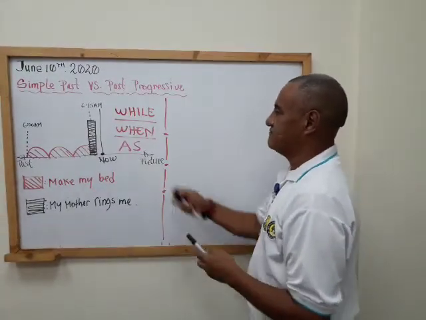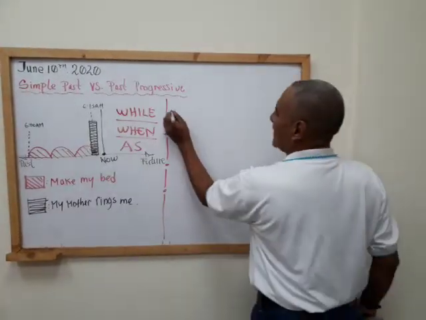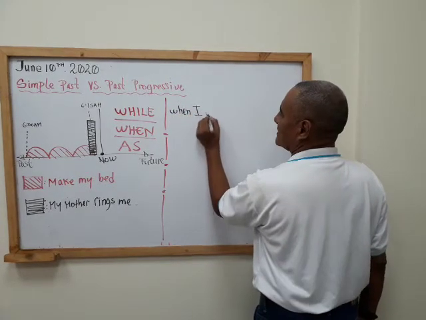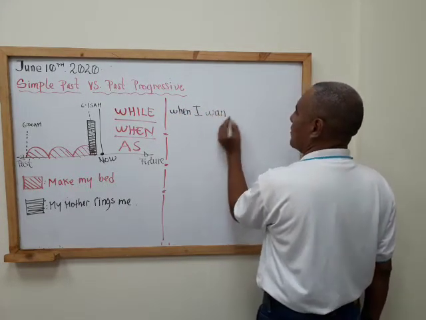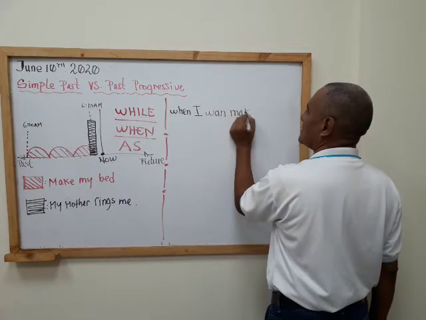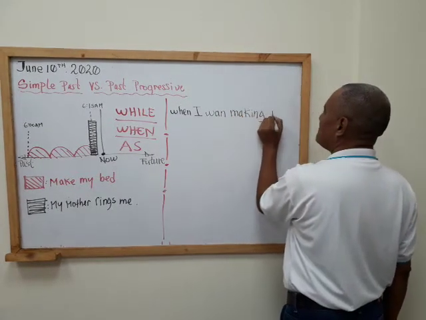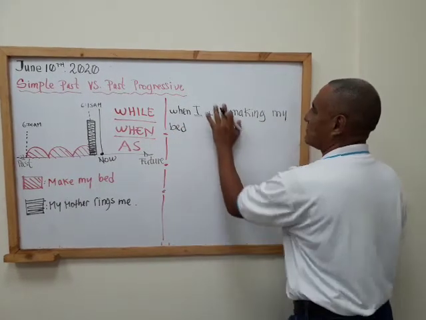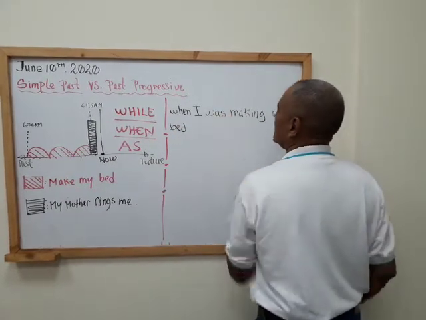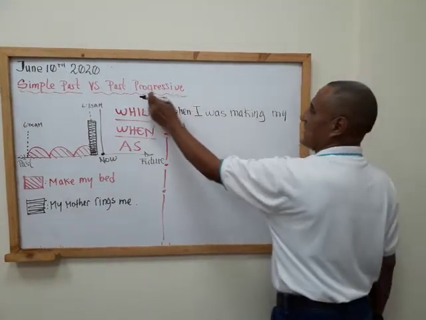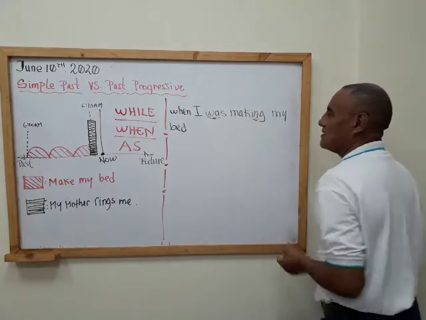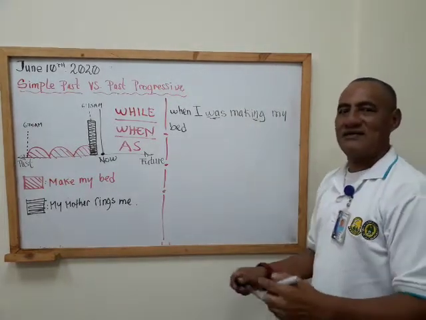Then I say when I was making my bed, sorry, remember, past progressive was I'm making. Cuando estaba ¿qué? Tendiendo la cama.